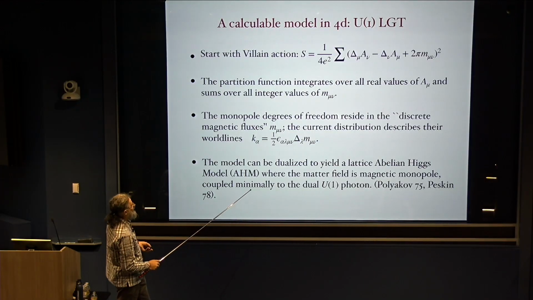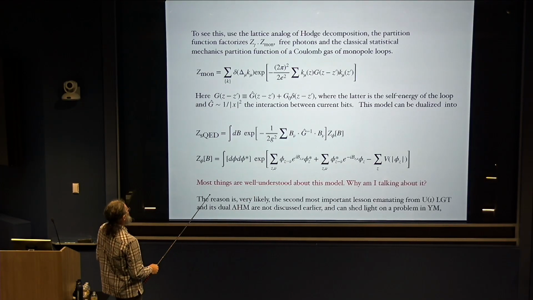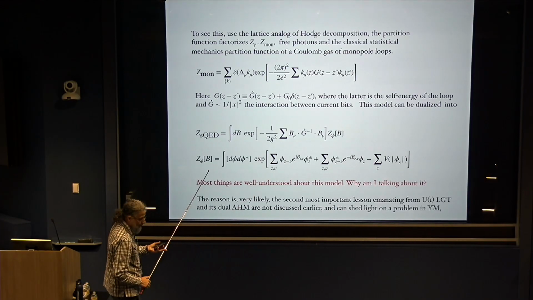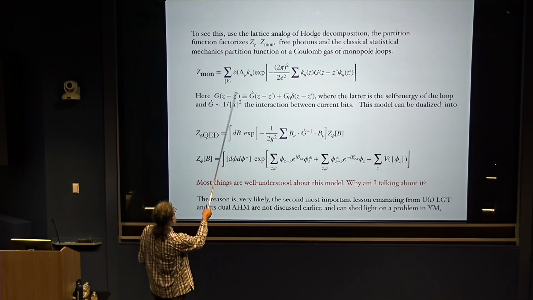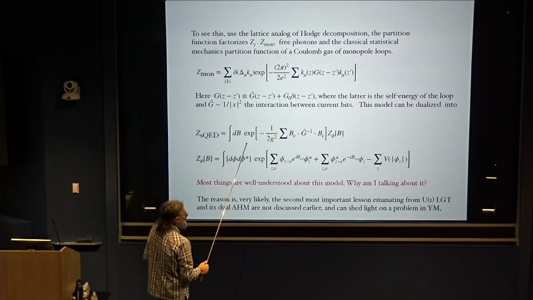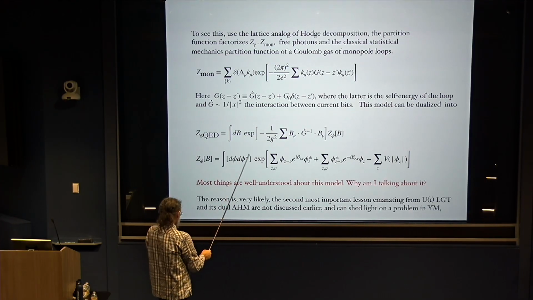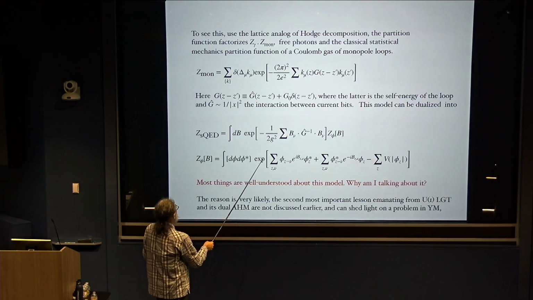This is very nice. So what do we learn from there? If you work with these currents, you can take the current and make a Hodge decomposition of it. You can actually write the partition function here.